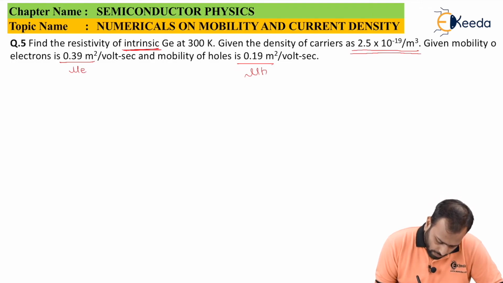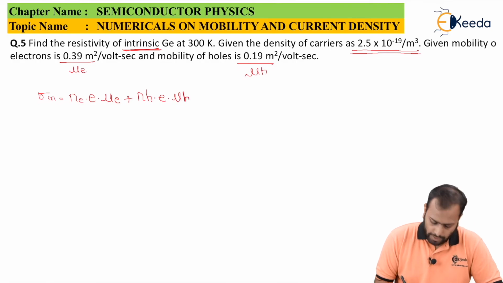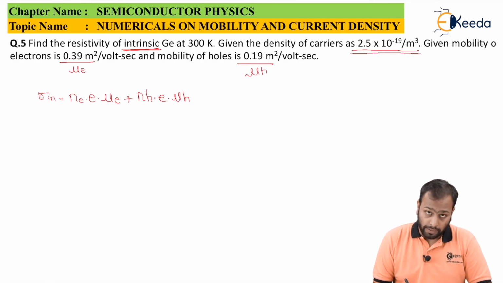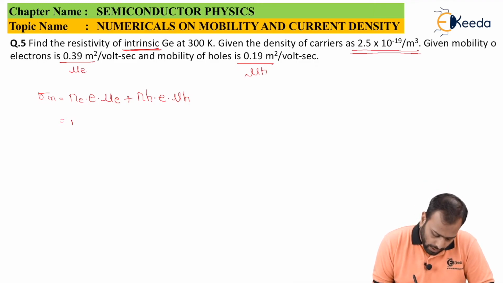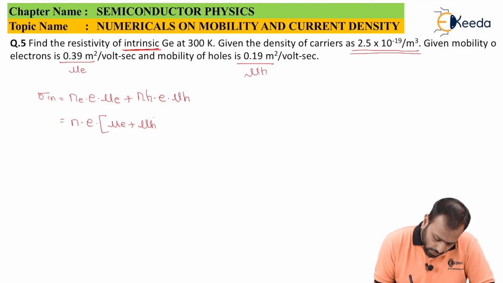Using the same formula, sigma i is nothing but the number of electrons N into E into mu e, plus the number of holes into E into mu h. Since the semiconductor is intrinsic, Ne is equal to Nh, and I have replaced them both with N. So it becomes N into E times mu e plus mu h.